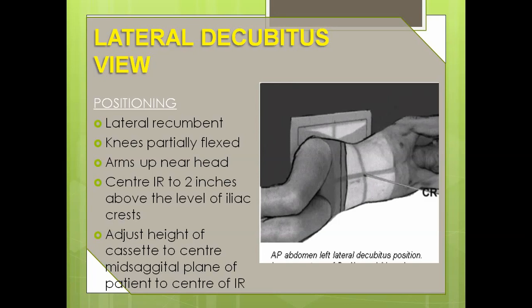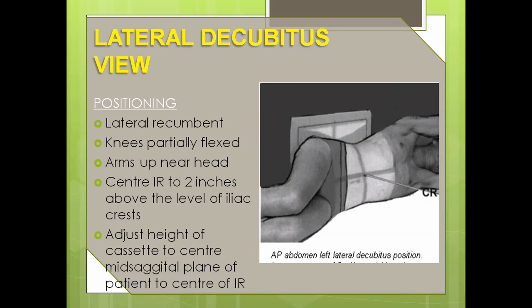If perforation is suspected, what will there be? There will be leakage of the bowel gas. If you take a right lateral, the right side will be down and the left side will be up, so there will be confusion about whether the bowel gas is in the stomach or outside the stomach.